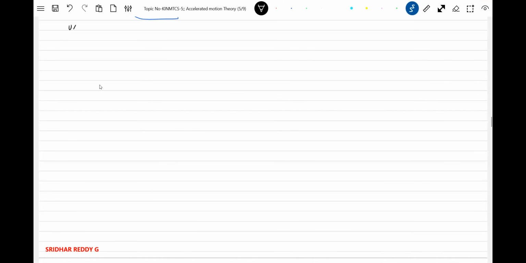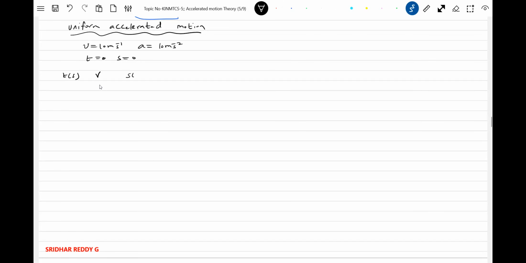We have to just describe all the quantities, how that uniform accelerated motion, what all will happen. So let me directly take an example so that will be easier. Initial velocity 10 meter per second, acceleration 10 meter per second square. Initially at t equals 0, body is at origin. Then we'll calculate at various instants of time what will be the velocity and what will be the position.